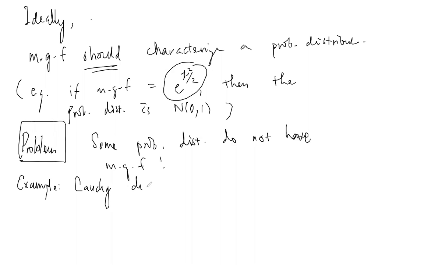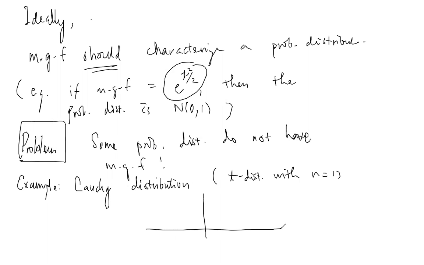The Cauchy distribution is actually your t distribution with n equals 1. It basically looks like this. It can be centered on 0, and it just has a very long tail.